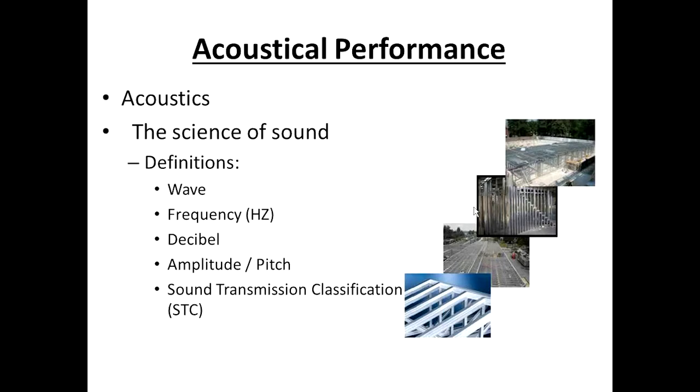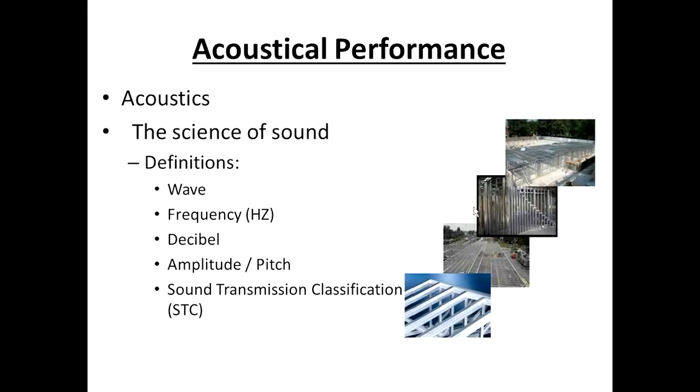That's significant when we start talking about STC, because sound transmission classification tests only look at what might be considered the speech range, and we'll get more into that in a second. Amplitude is just the same as volume. It's that volume control on your TV set or your remote, or you still have an old-fashioned stereo like I do. It's the control knob that varies the loudness.